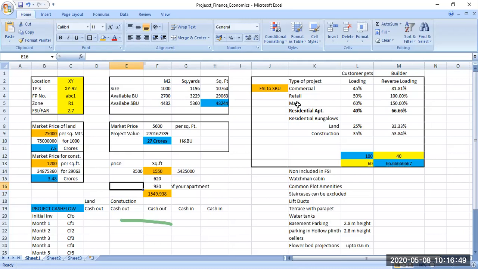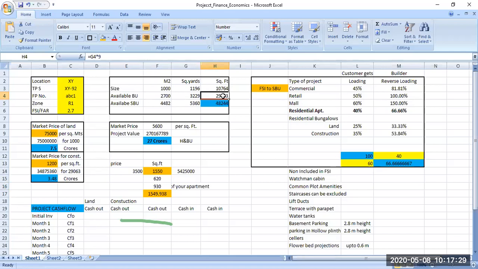How would you do it if it's a mixed project? That was the question. So you have to decide how much percentage of your project is going to be commercial or retail versus residential, and you'll have to calculate it accordingly. Let's say you take the total available built-up here, and you decide that 50% of your project is residential and 50% is retail.